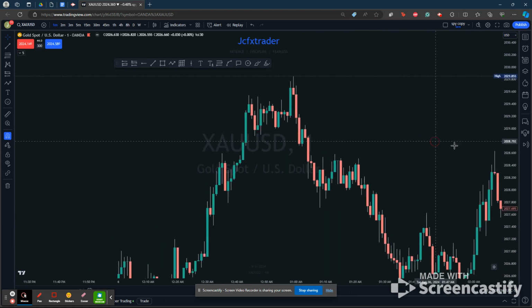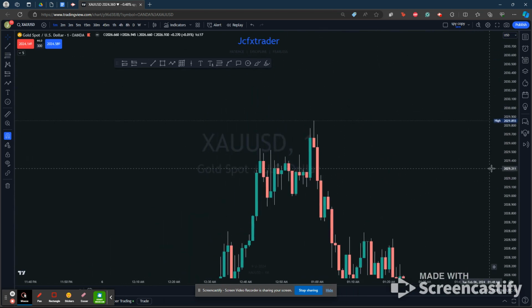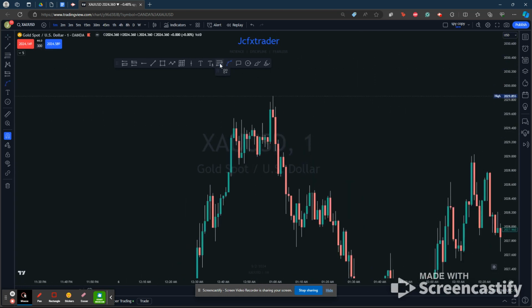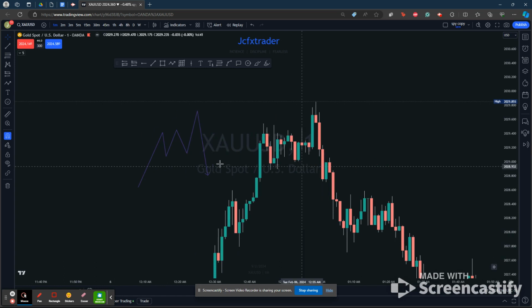But now, where would the break of structure be on here, right? Let's say we were to draw this out. Although this may be bad price action, it came up, made this accumulation, made a high, and came back down. See how price is technically still in an uptrend, right?